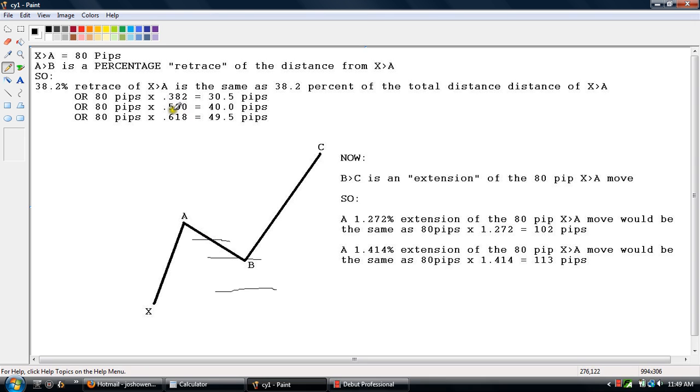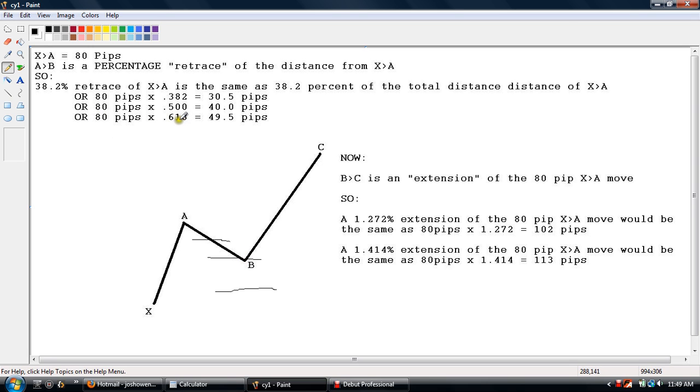If it's a 50% retrace on the calculator, you're going to put 80 times 0.50 for 50%, and that's going to give you a 40 pip retrace, which will be right down in here.